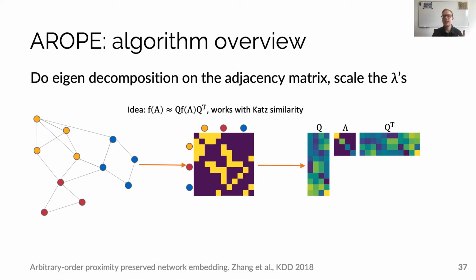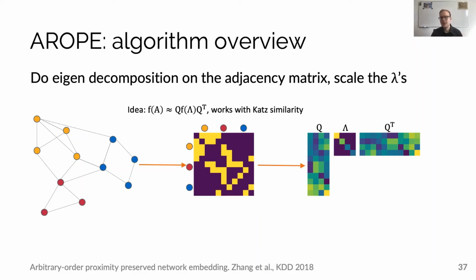Then we have the notion that if we have a function of a matrix, for example Katz similarity can be represented as a sum of powers of the matrix, we can just apply the function to the singular value matrix of the graph. So just scale the singular values and then multiply and sum these things together in an efficient way such that we get the approximation of the real similarity matrix.